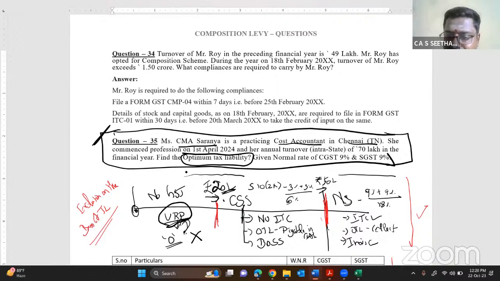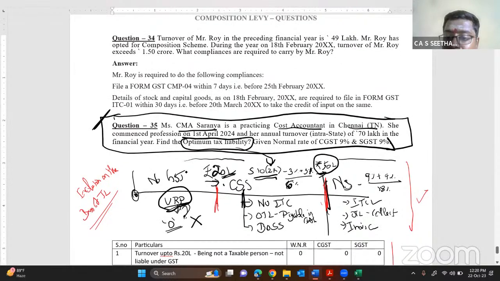For the next 30 lakhs, if she decided to go for optimization, she would have opted for the composition scheme under 10(2)(a), because the limit there is only up to 50 lakhs, for which it is 3% CGST and 3% SGST, total tax liability 6%. In this period, she cannot take ITC.